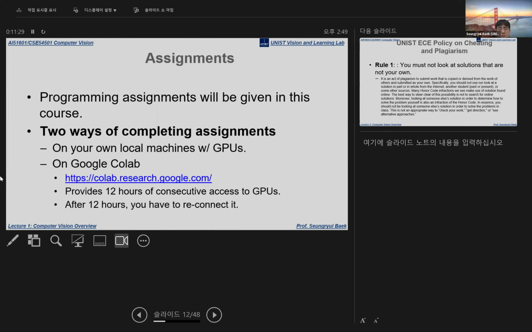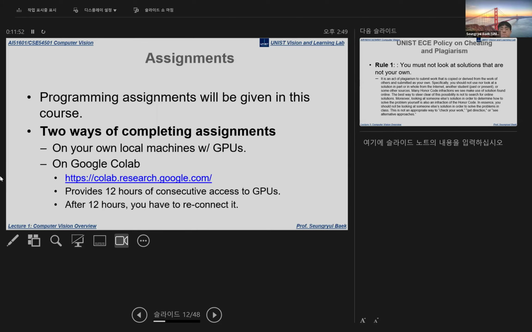Anyways, this is another way to bypass the limit of GPU resources. But because this is a graduate course, we are assuming that you have at least one GPU in your local machine. And our programming assignment will be designed assuming this.